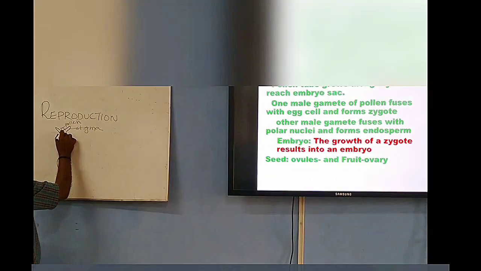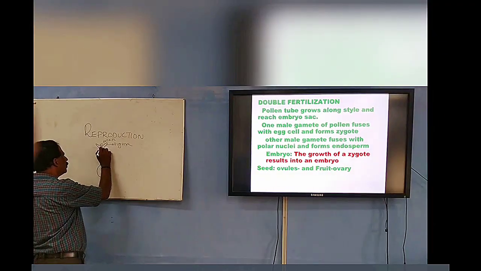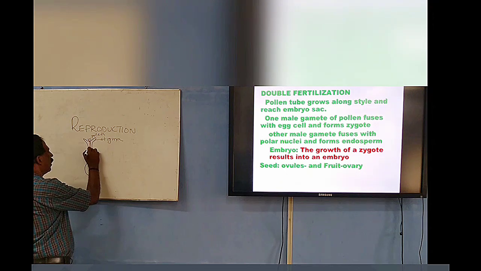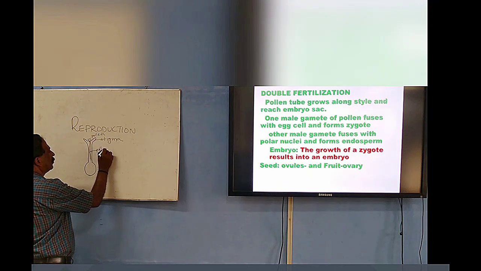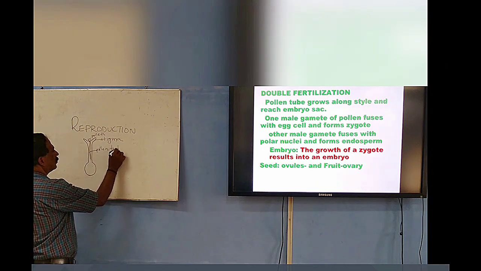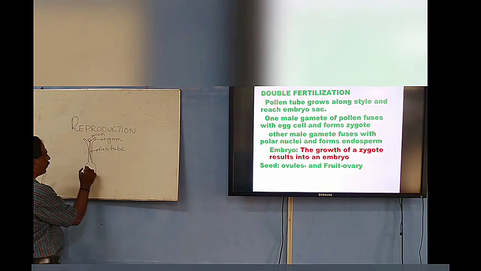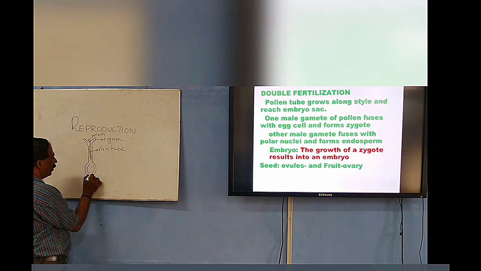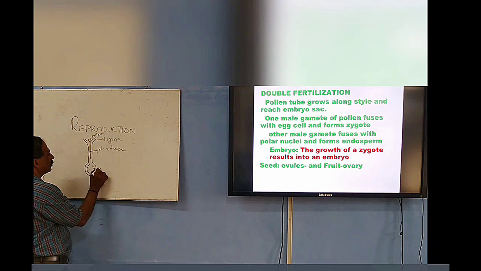And this pollen develops a tube, like this, a small tube. This is called the pollen tube. Here there is a structure inside the ovary, called the embryo sac.